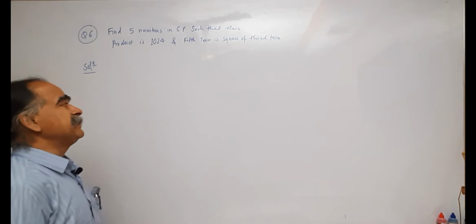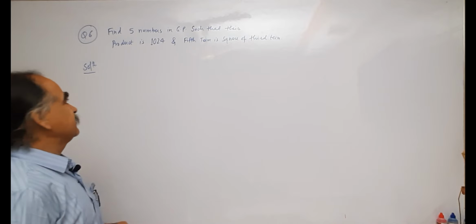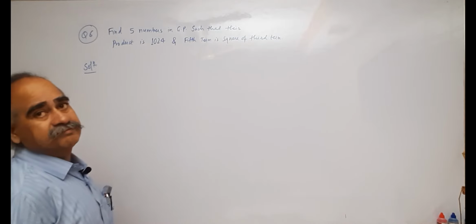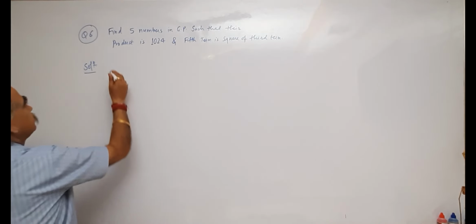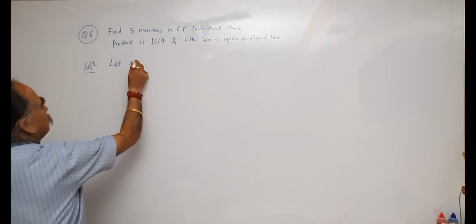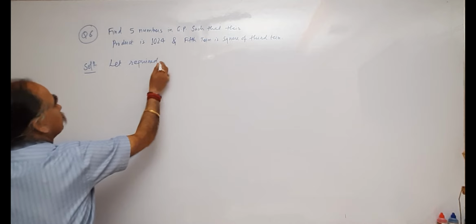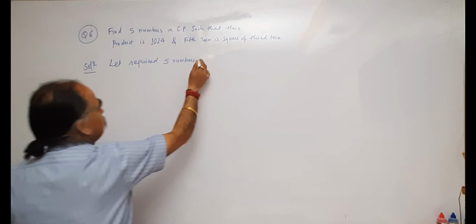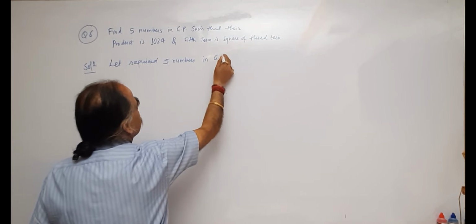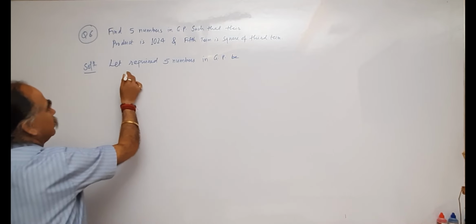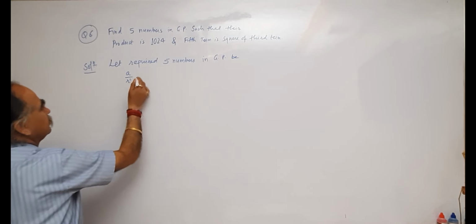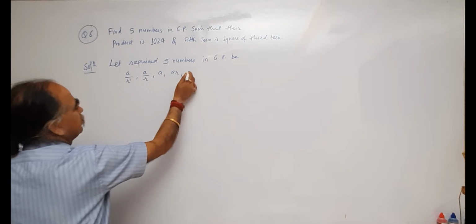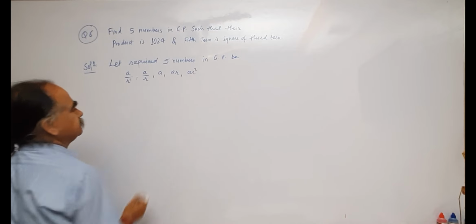Find 5 numbers in GP such that their product is 1024 and the fifth term is the square of the third term. Let the required 5 numbers in GP be A upon R square, A upon R, A, AR, AR square.